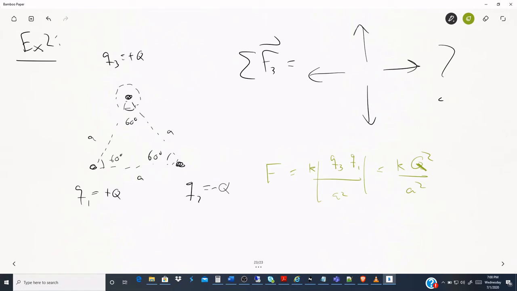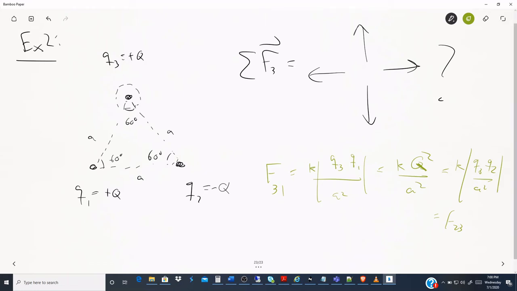And that's going to be the case whether I use the positive charge or the negative charge to act on Q3, because Q1 and Q2 both have the same magnitude of charge. So this is the same as the force that 2 exerts on 3. So I'm going to have the same magnitude for the force.